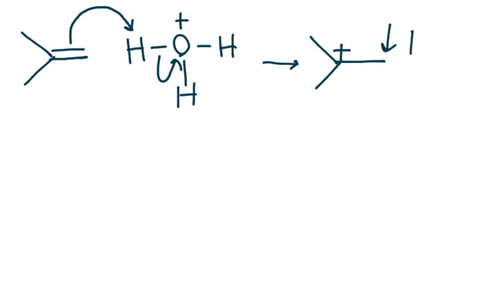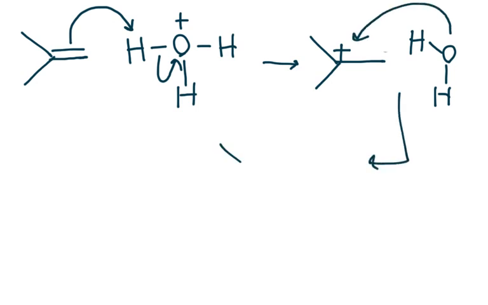And now we have water, so here's our water. And this water, I don't need this arrow here anymore. This water is going to attack the carbocation, and that's going to get us this.